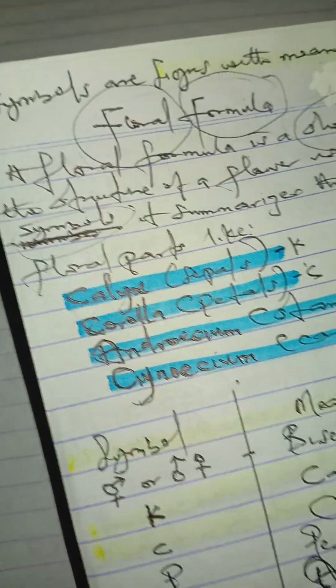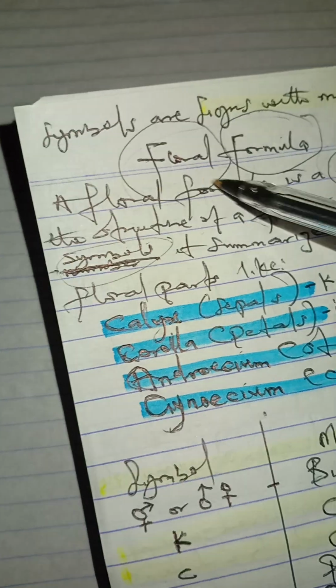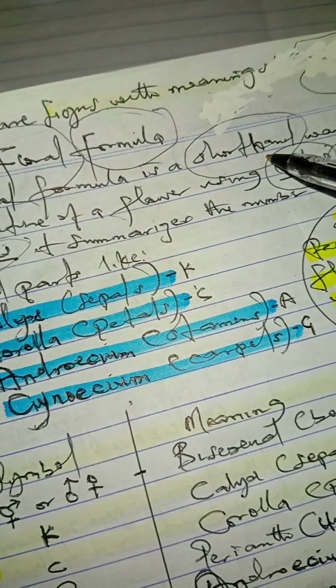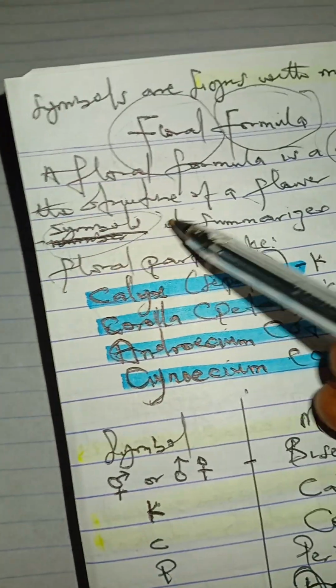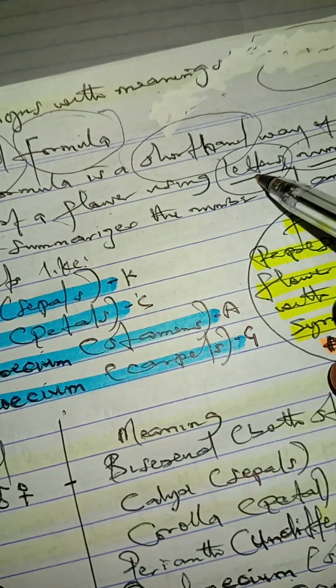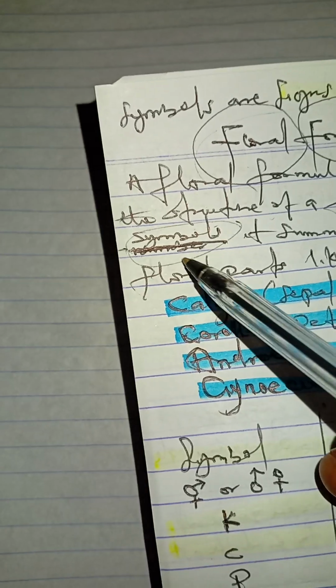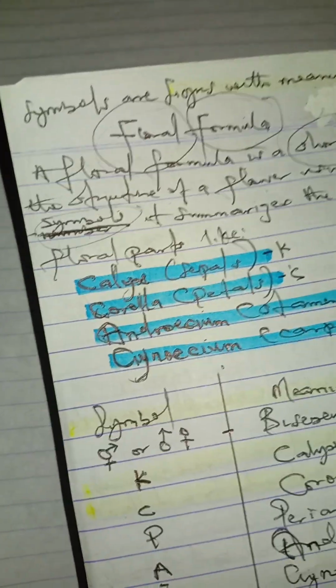And today we are looking at the matters that concern Floral Formula. Floral Formula is a shorthand way of representing the structure of a flower using letters, numbers, and symbols. That means the matters that concern a flower.